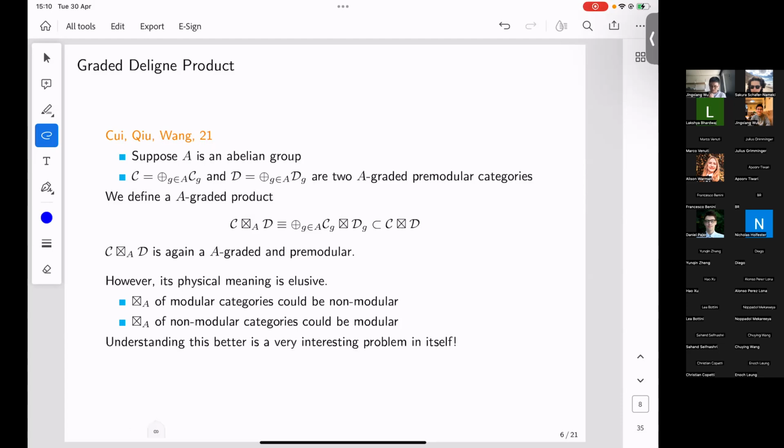So even if you don't care about Seifert manifolds and all that business, I think it's already a very interesting question in itself, just to understand this operation better. Like, what would it mean physically? And it turns out this product is very powerful in our proposal, and it gave us lots of mileage in understanding new MTCs.